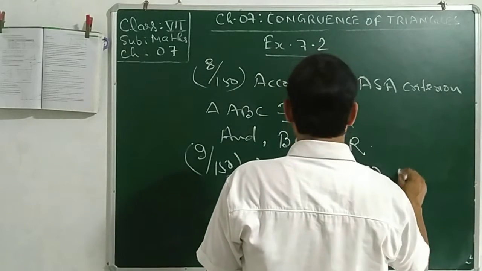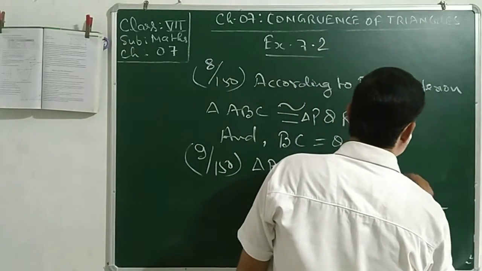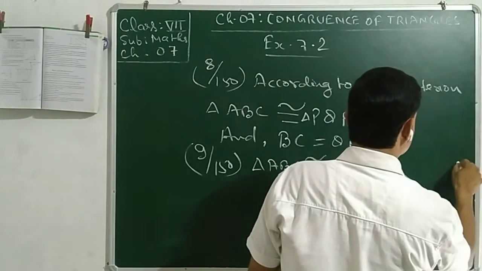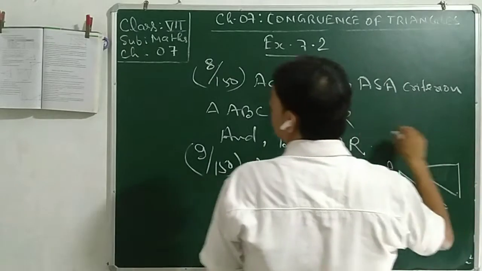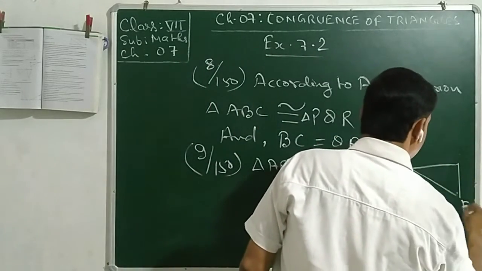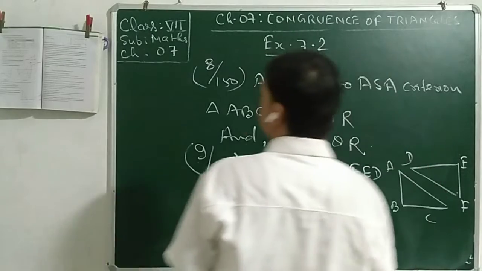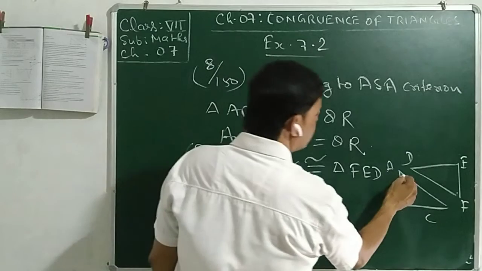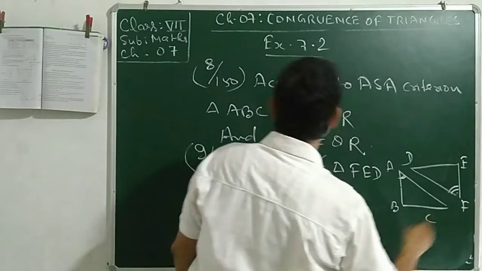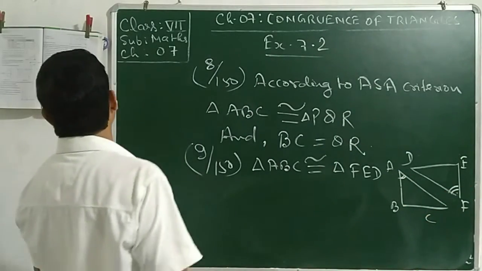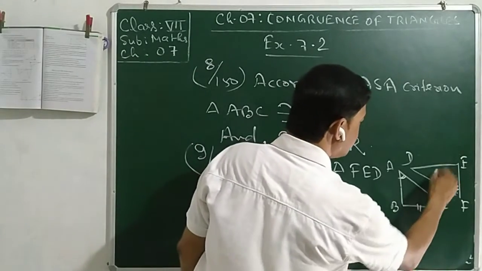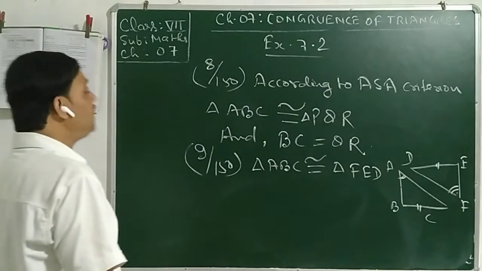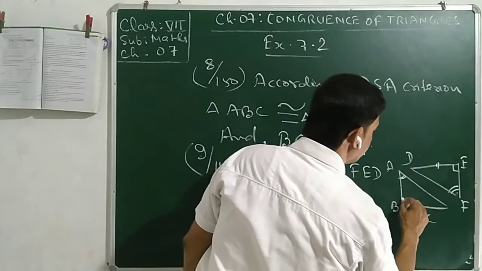Triangles are drawn like this: A, B, C, and F, E, D, and marks are given as A and F are marked with 2 arcs, BC and DE are marked with 2 slashes, and angle B and angle E are right angles.